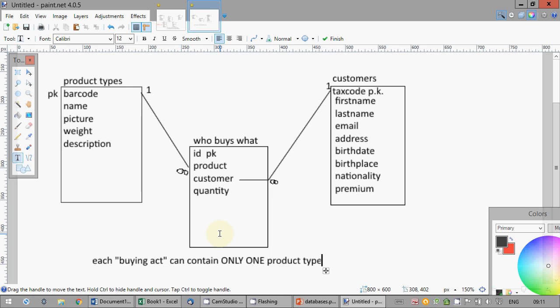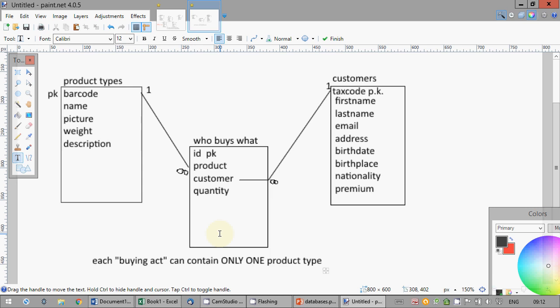Or if you go buying a car, you don't buy three different types of cars at the same time. You buy them one at a time. So each buying act contains only one product type. This is fine.